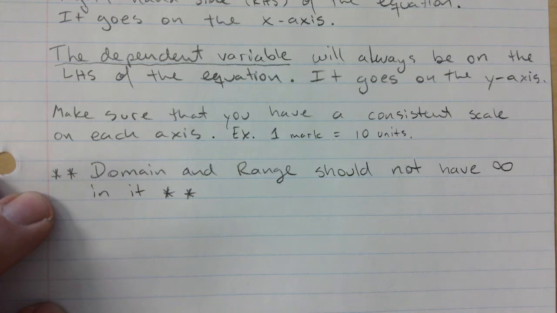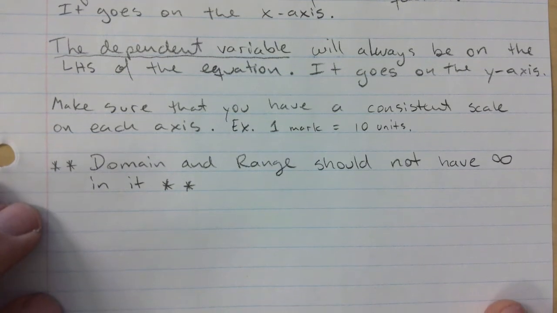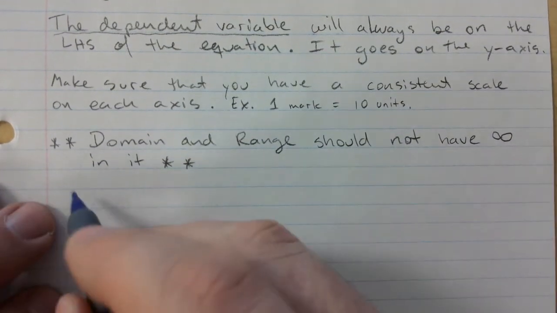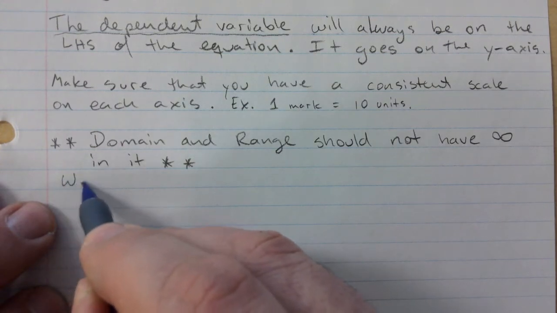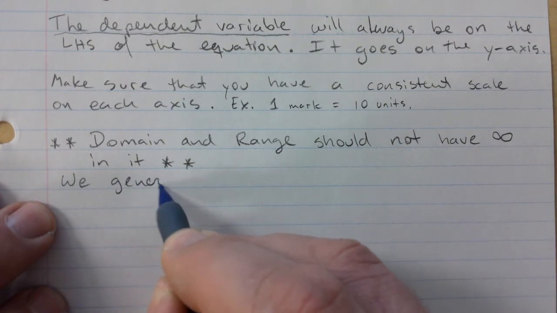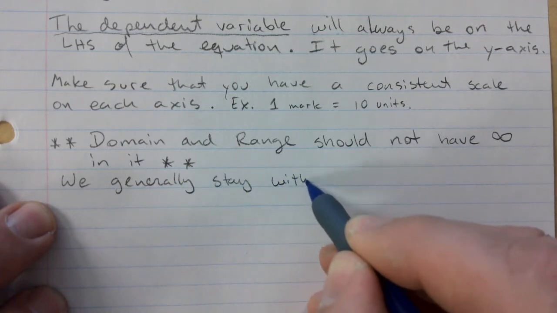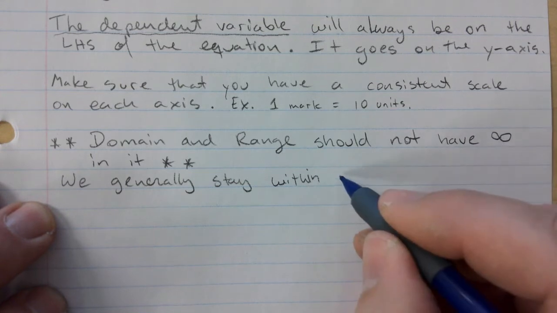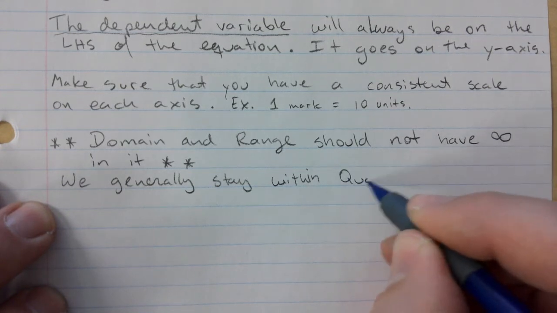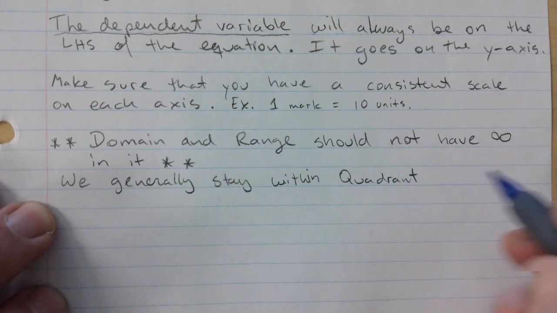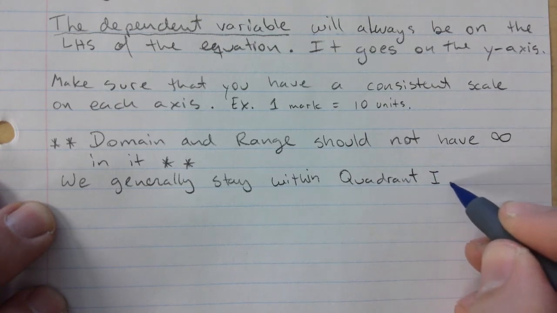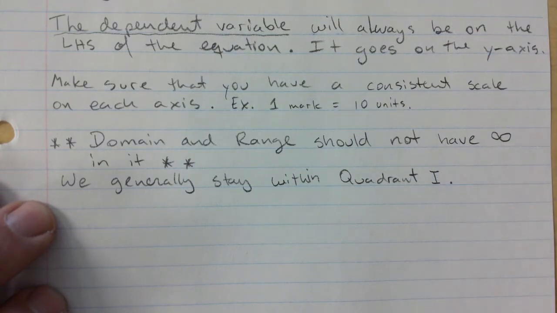It's not true anymore, because when x is time, you can't go negative, right? So it will be 0 to something. We generally stay within quadrant 1.